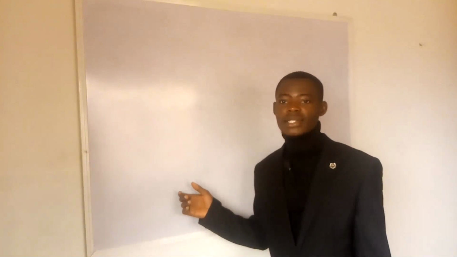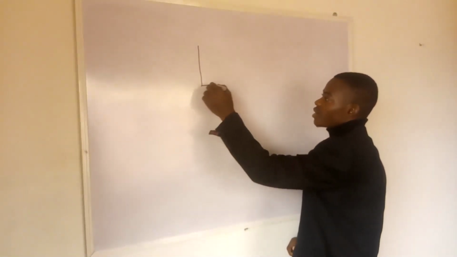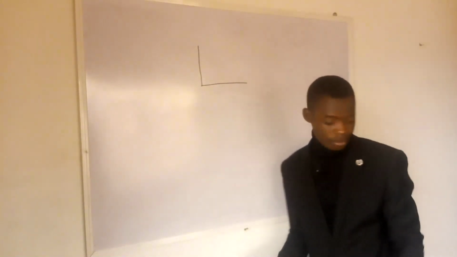So let's begin by considering two mirrors that are inclined at an angle of 90 degrees to themselves, that is, perpendicular to themselves. So this is the first mirror, and this is the second mirror.